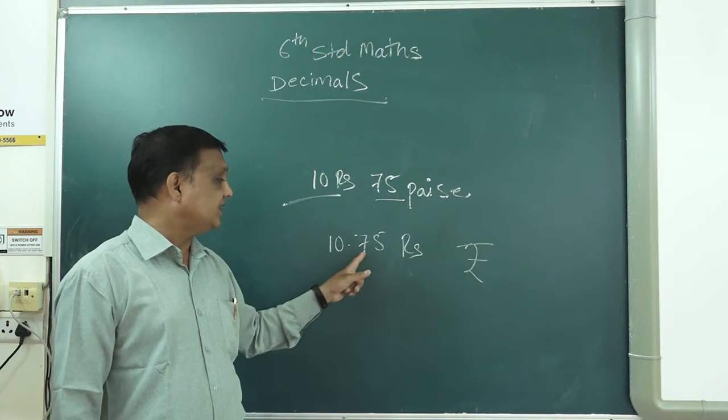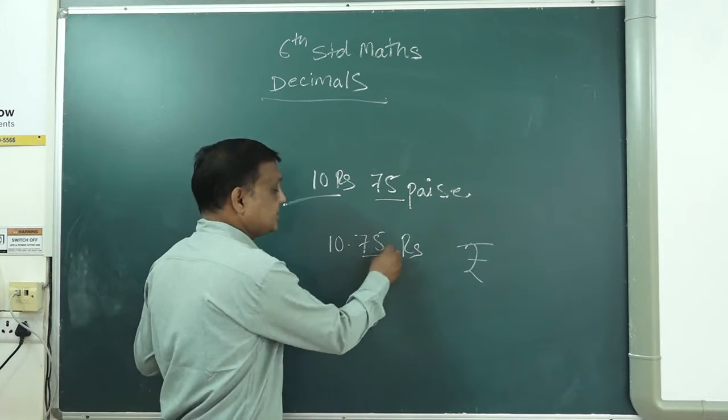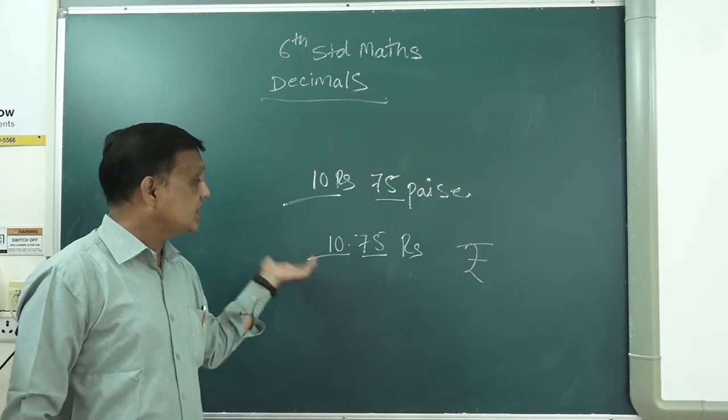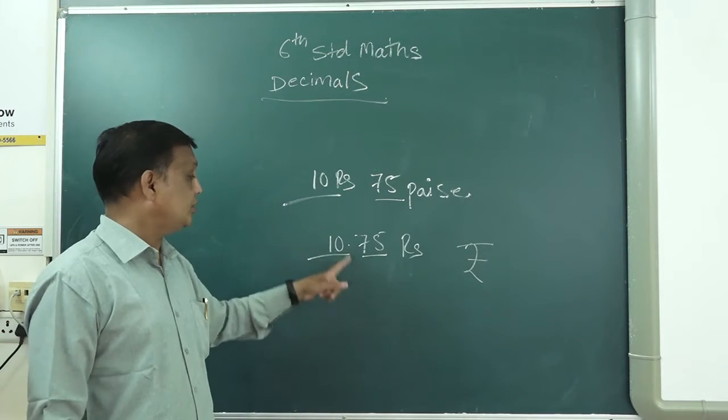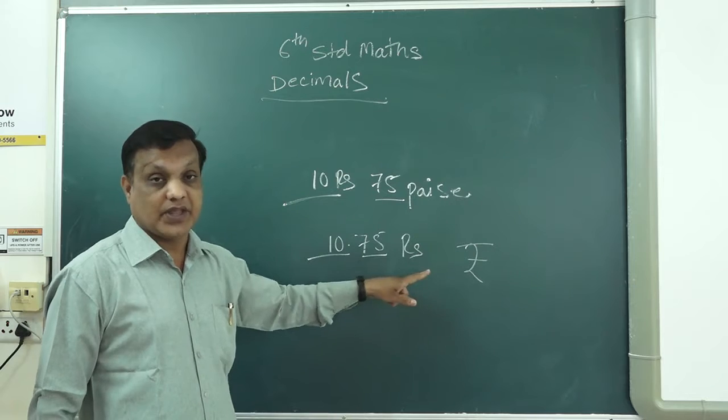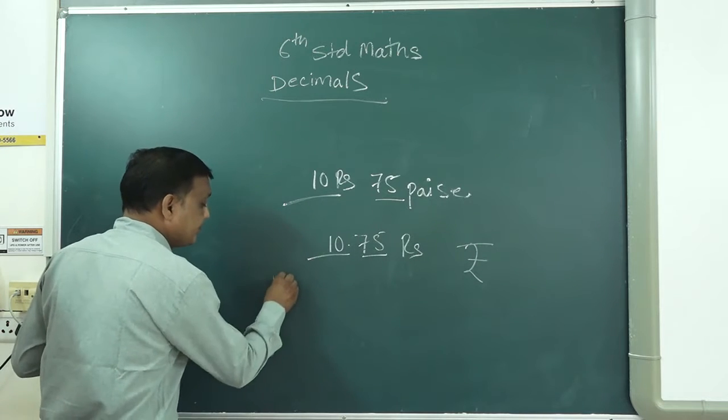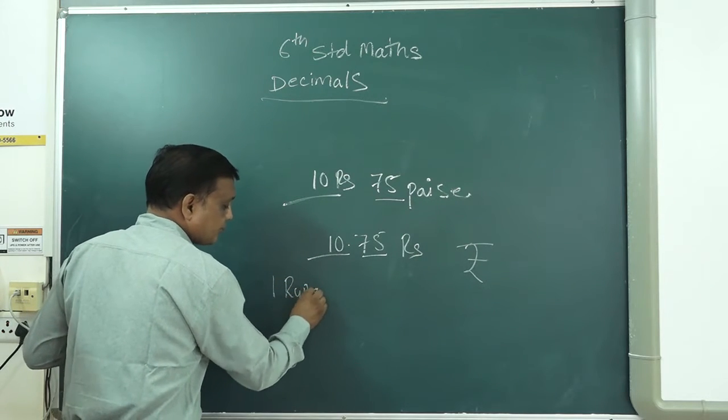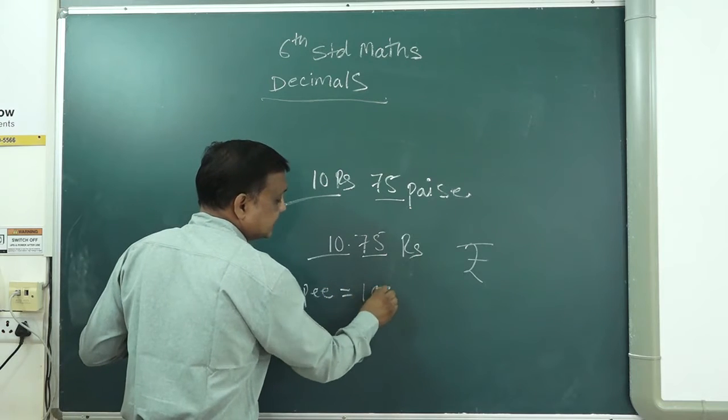This 0.75 comes under paise, and this comes under rupees. When you write them together in rupees, it is 10.75 rupees. You know that 1 rupee is equal to 100 paise.